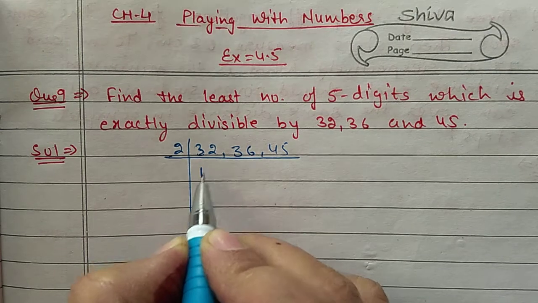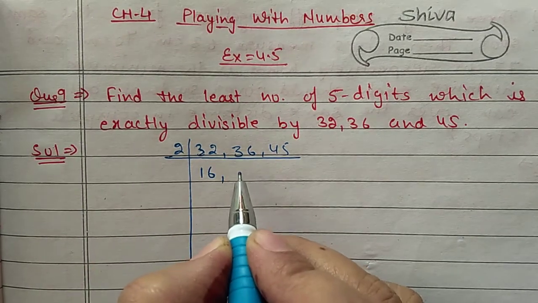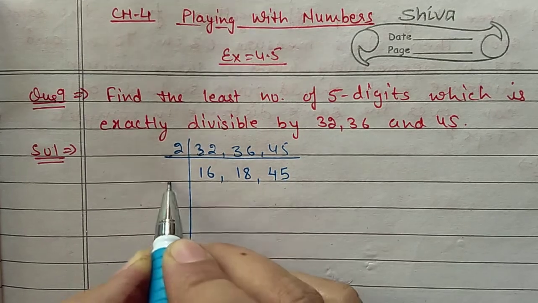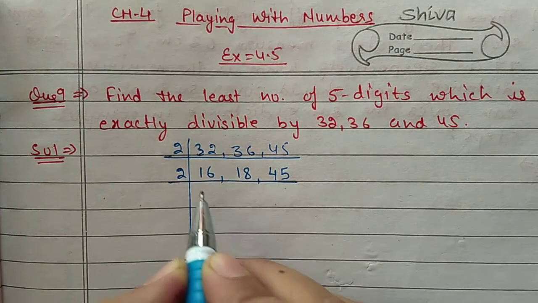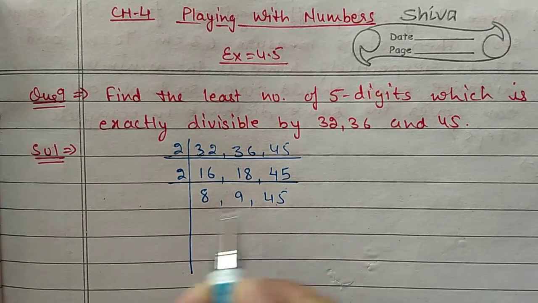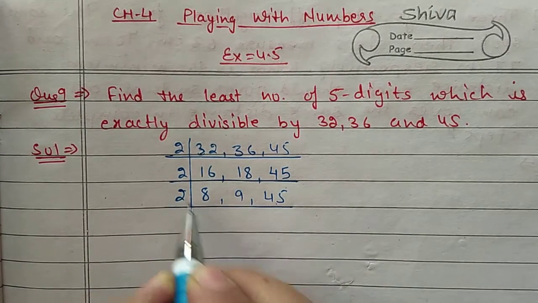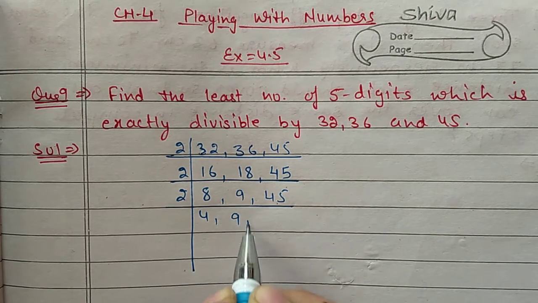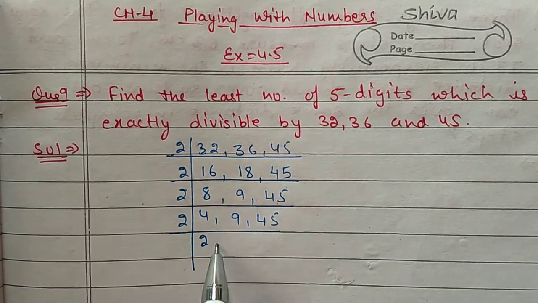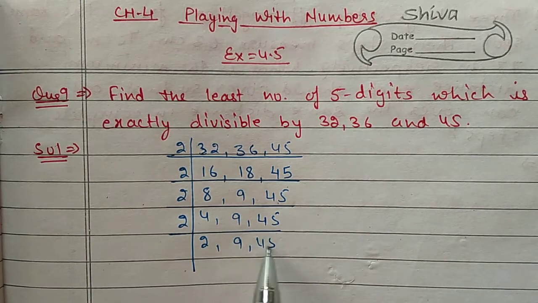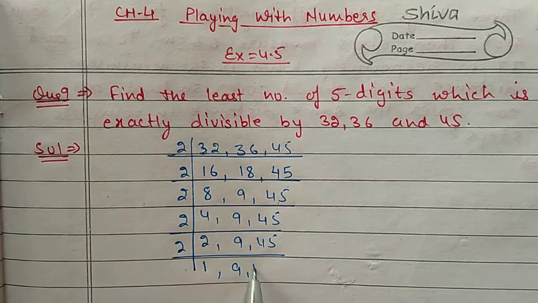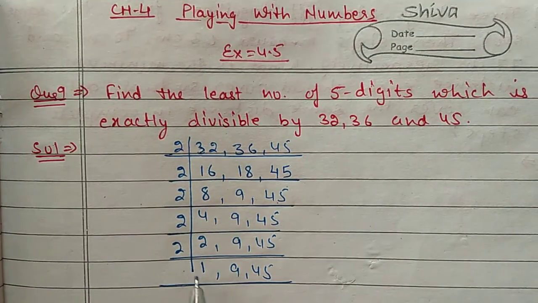First, 32 will go 16 times with 2, 36 goes 18 times, and 45 will not go, so we write it as it is. Again with 2: 8 times, 9 times, and 45 as it is. 2 4 times, 9 and 45 as it is. 2 2 times, 9 and 45 as it is, then again 2 one time, and 9 and 45 only.